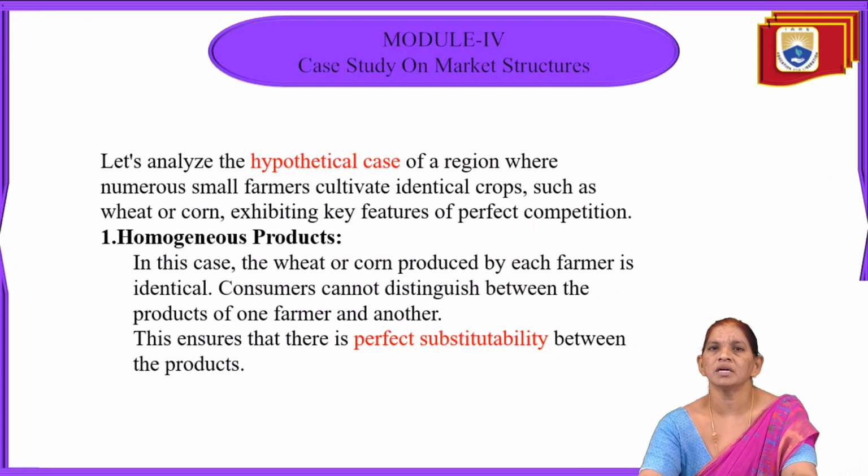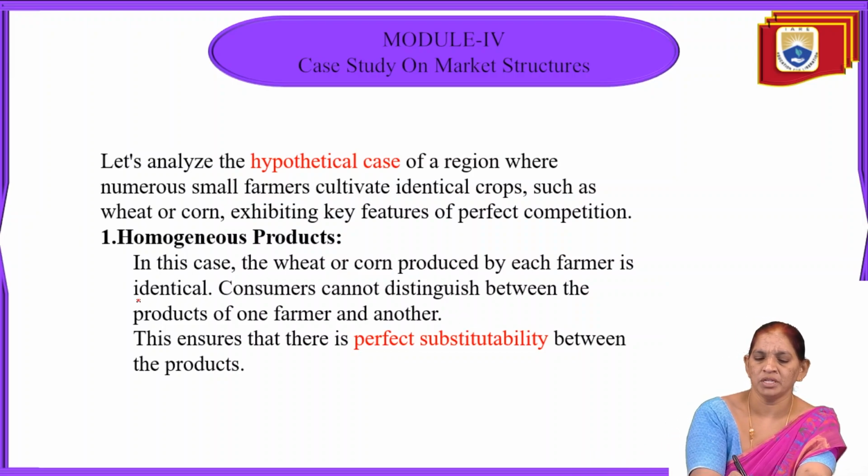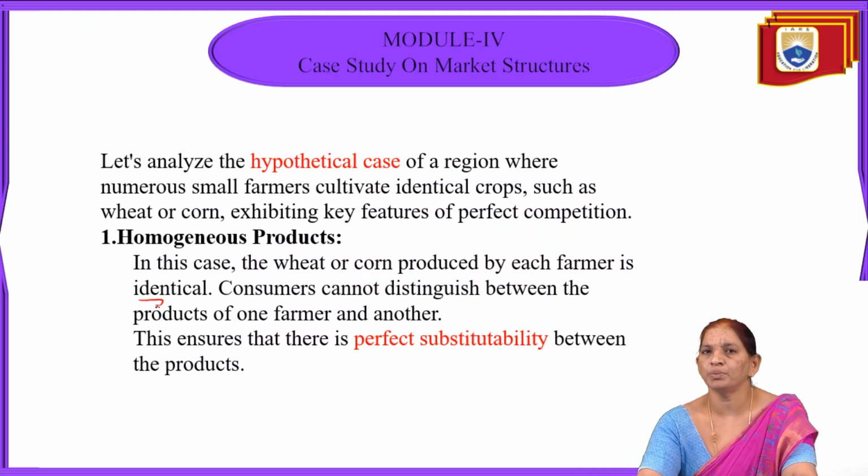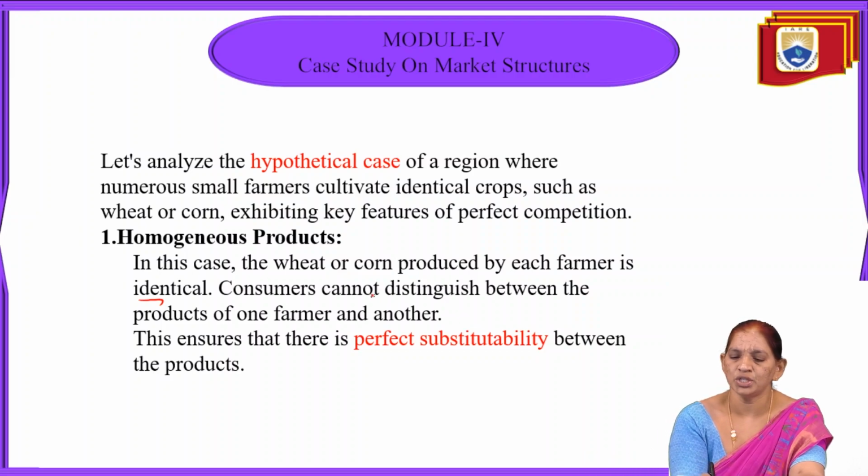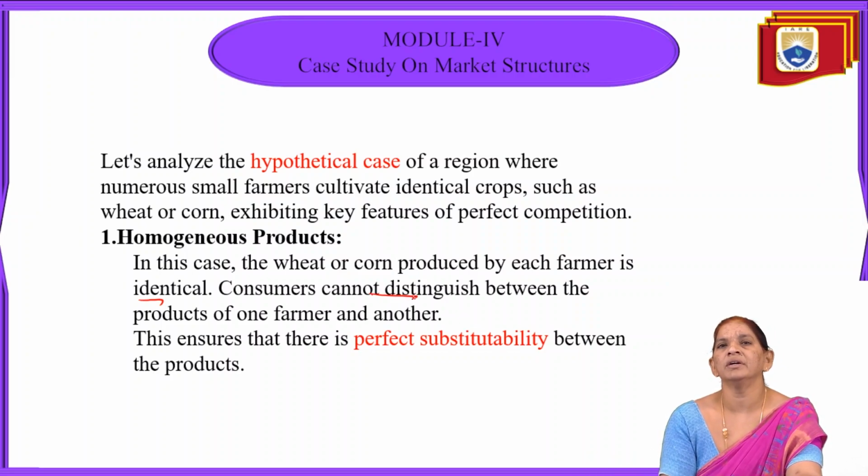First comes the homogeneous product. The first feature of perfect competition is that in every respect the product is homogeneous, meaning equal. The wheat or corn produced by each farmer is an identical product, grown on the same land with the same water and other facilities. So the consumer cannot distinguish between the product of one farmer and another, and all take the product after harvesting and send it to the market.